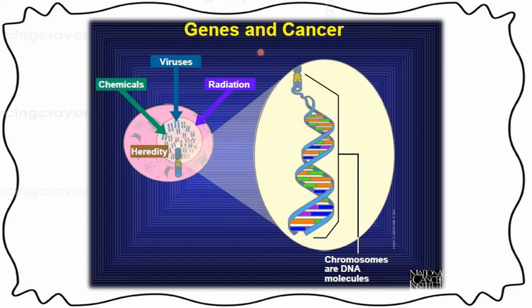As mentioned in the previous slides, the main etiologic factors known to cause cancer are the following: the chemicals, the viruses, radiations, and heredity or the genes. Okay, so again, it is estimated that about 11% of all cancers worldwide are linked to viral infections.